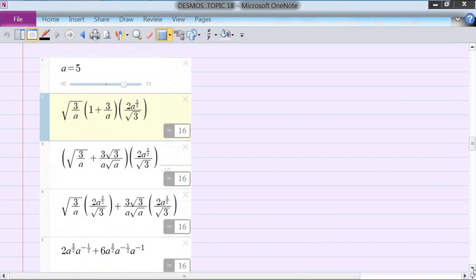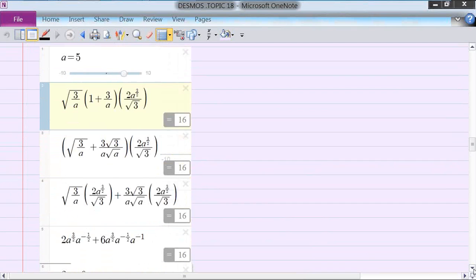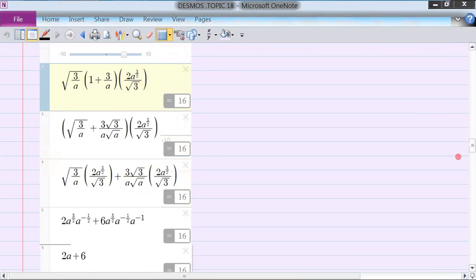This one's a little more complicated. So we enter, first of all, any number that we want, and then I rewrite this in terms of a instead of the x. What I'm going to do is multiply this times this by distributive rule.